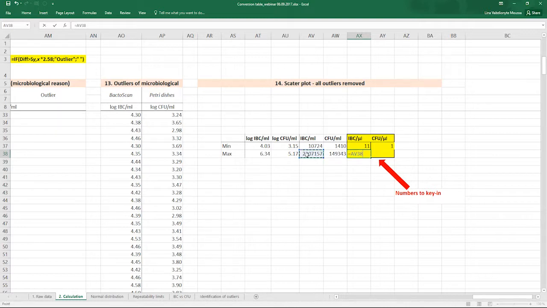And then 22,000 IBC per microliter is equal to 149 CFU per microliter. So these numbers have to be keyed into BactoScan and used for IBC recalculations to CFU.